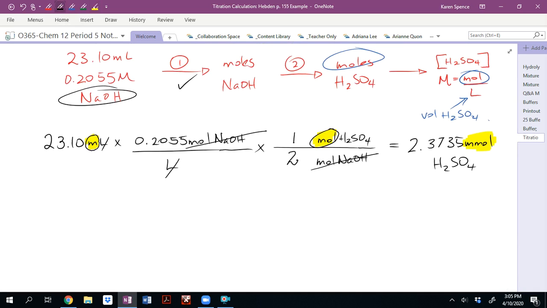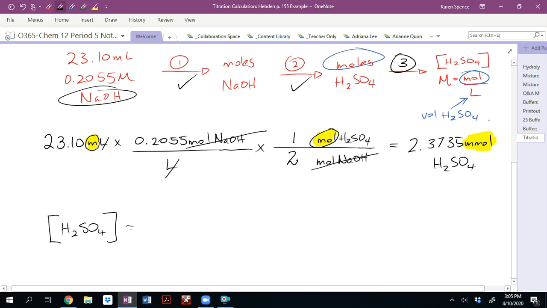Now we want to find our concentration. By the way, step 2 is done. Now we want to do step 3, which I didn't number. We want to find our concentration of H2SO4. Concentration is molarity, which is moles per liter. So we want the moles of H2SO4 over the volume of H2SO4.